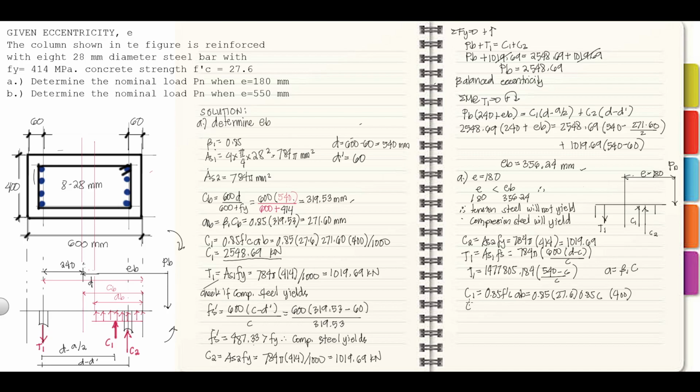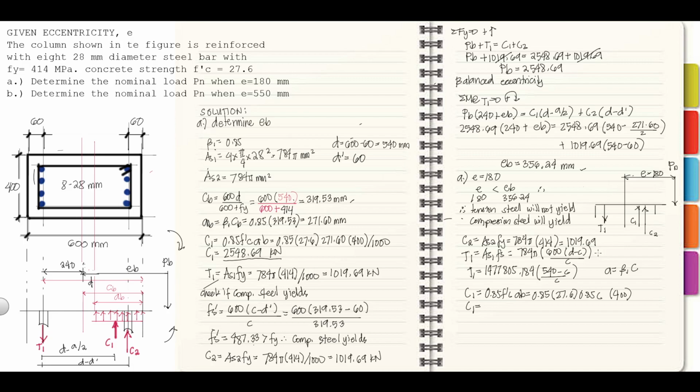Okay, so we will have a value of C1 is equal to, take note, naka-Newton. Okay, naka-Newton itong mga to. So, we need to divide this later on ng 1,000 itong mga to. Okay, so dito, sige, divide na natin ng 1,000.